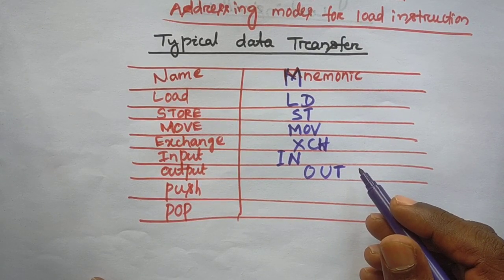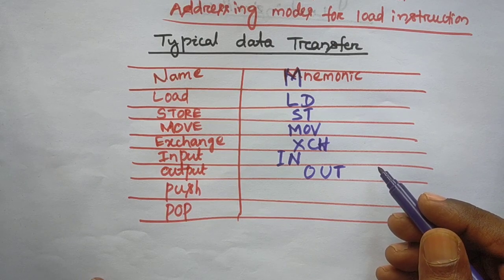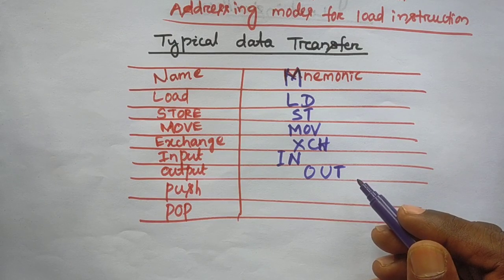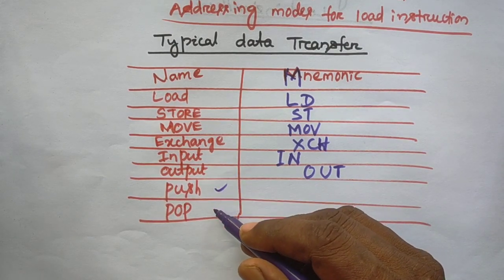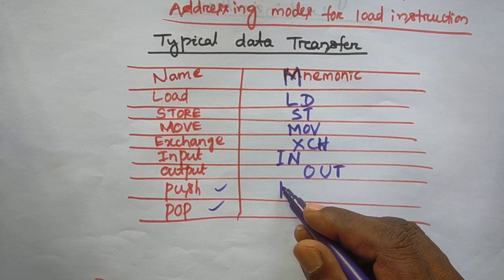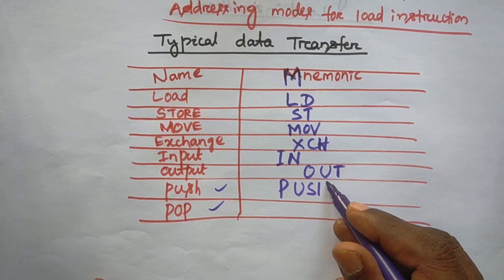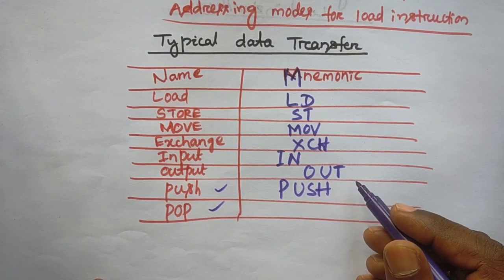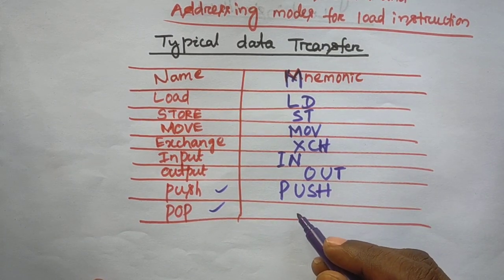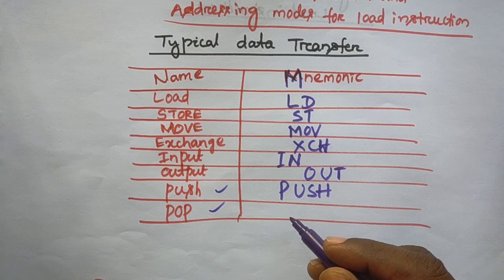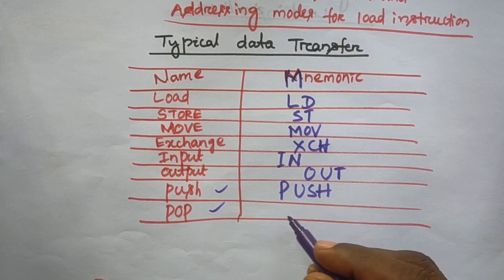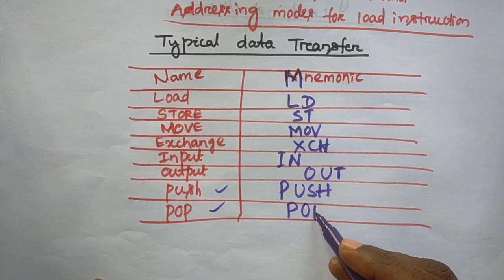And in a stack organization, we insert some data and delete some data. For inserting data we use the push operation, and for deleting data we use the pop operation. So push is the mnemonic for inserting data into the stack, and similarly to delete data from the stack, we use pop.